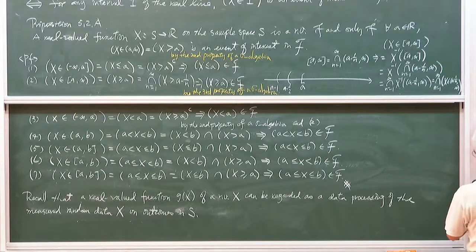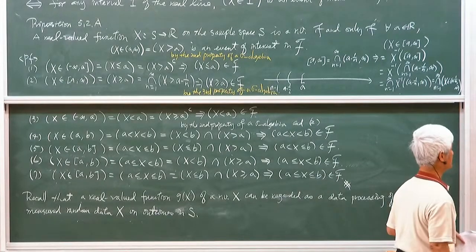All right, so now how do we know that g of x is a random variable too? Okay, so this is all.